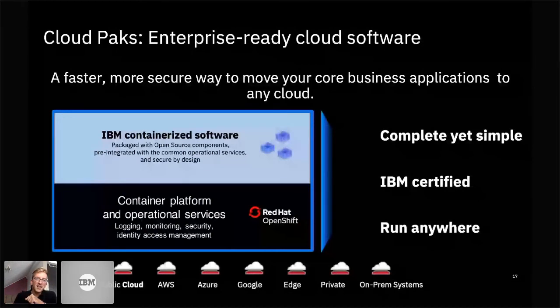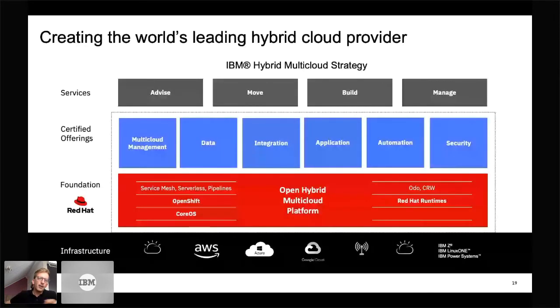This leads me to the complete picture of how the hybrid multi-cloud strategy looks at the moment, and this is basically the ultimate goal we are all working towards. On the lower levels, you have the infrastructure layer, basically the same as on the slides before.